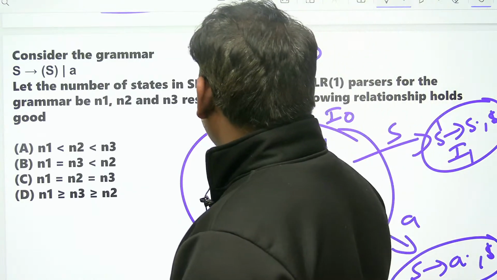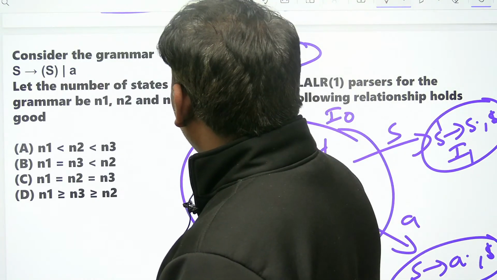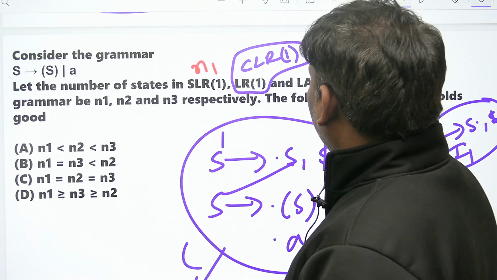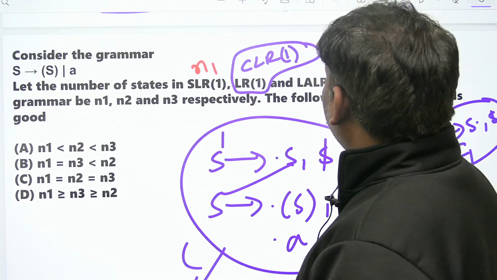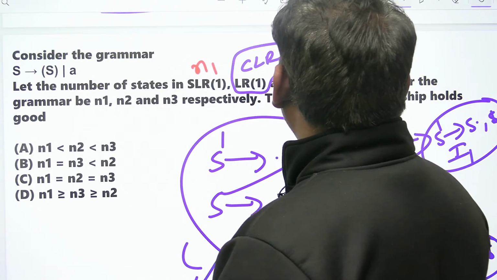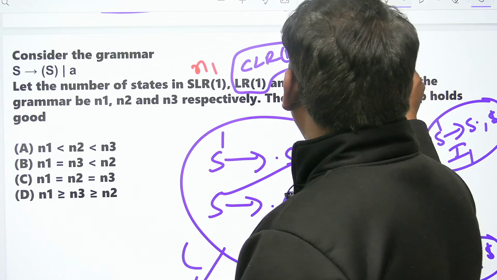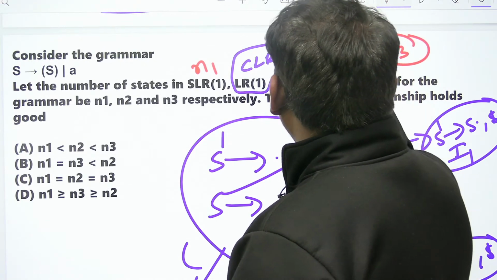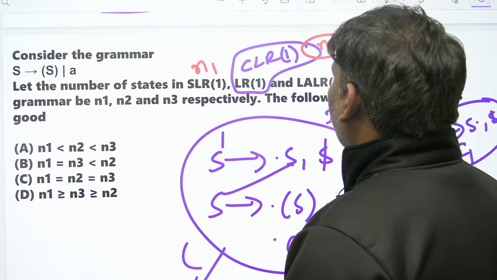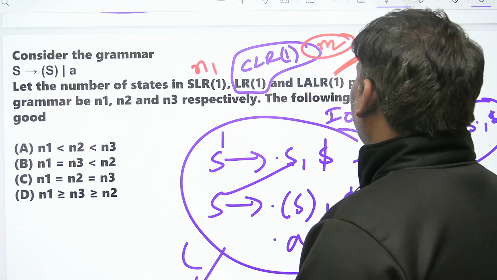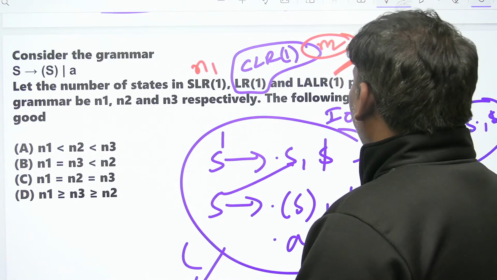SLR1 is N1, CLR1 is N2, LALR1 is N3. By observing CLR1 and LALR1, LALR1 has fewer, CLR1 has more. Because in CLR1, if two states differ only by lookahead, they are different, but in LALR1 both are the same.